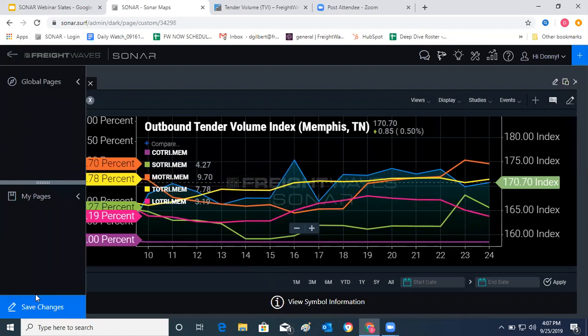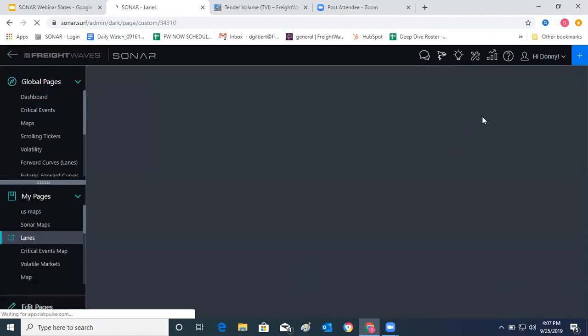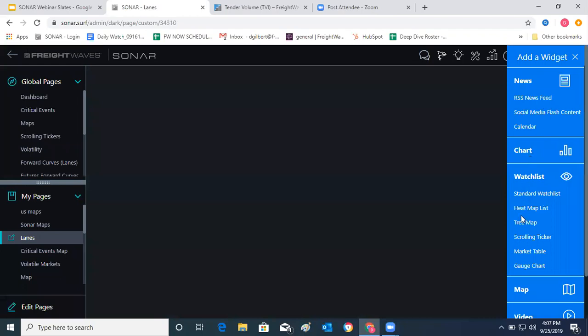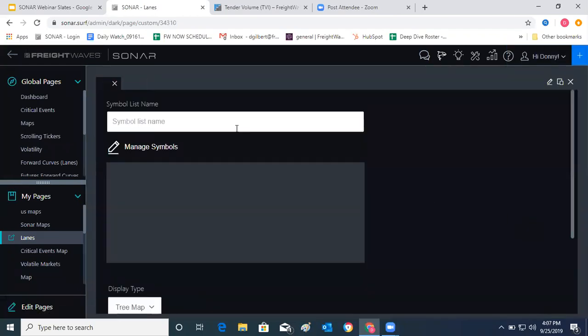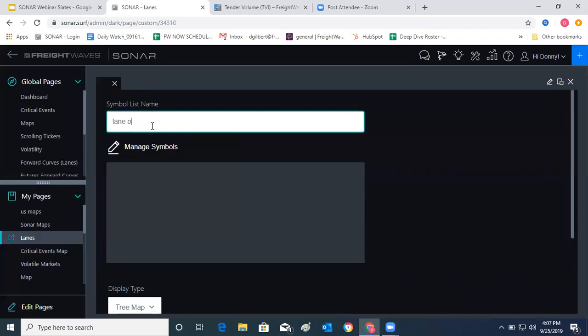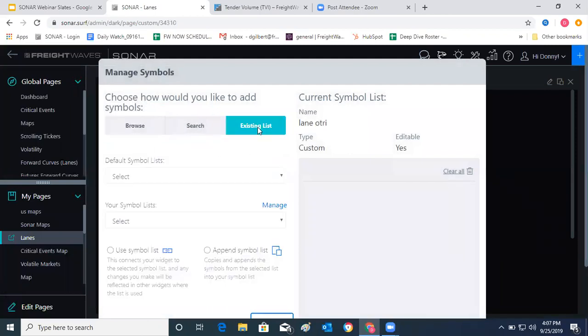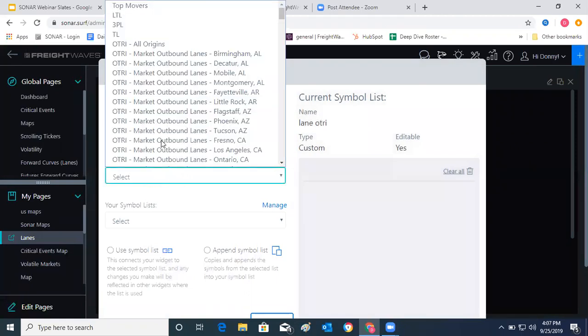I'm going to go ahead and build a new page here right quick. Add a page. Lanes, very simple. It comes up blank. I'm going to go to the blue plus sign, and I'm going to go to tree map again. I'm going to put lane OTRI. I'm going to go to manage symbols. From here, I'm going to go to existing list, and I'm going to go to our default symbols.